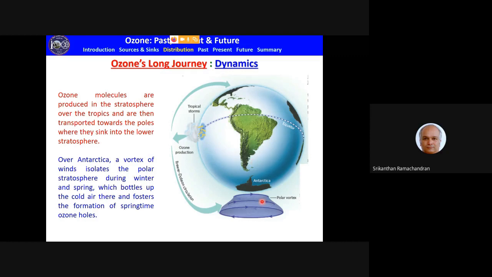In contrast, over Antarctica, for example, a vortex of air or winds isolates the polar stratosphere during winter and spring, which bottles up the colder air there and fosters the formation of the springtime ozone holes, about which we will see in detail towards the later half of the presentation.